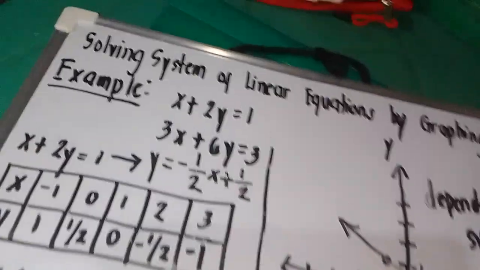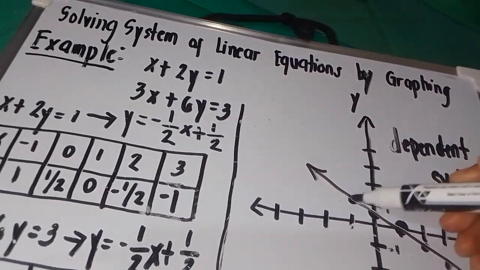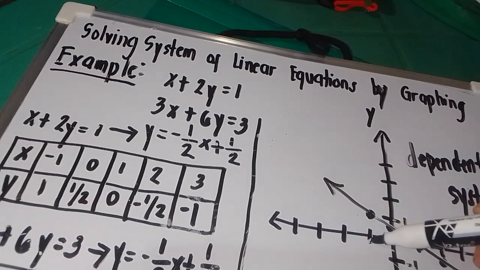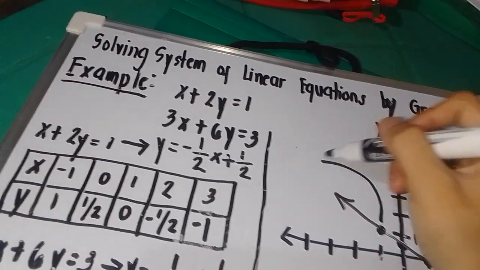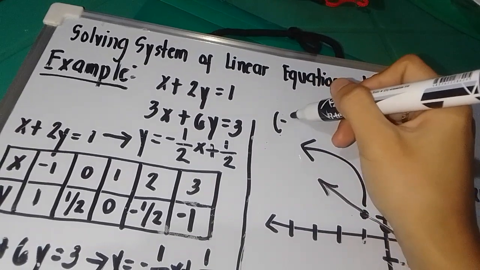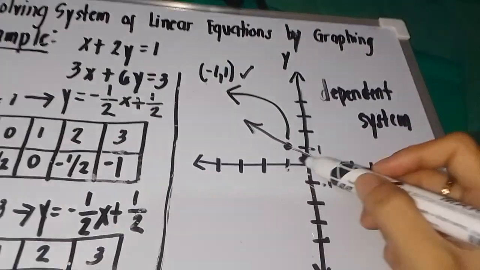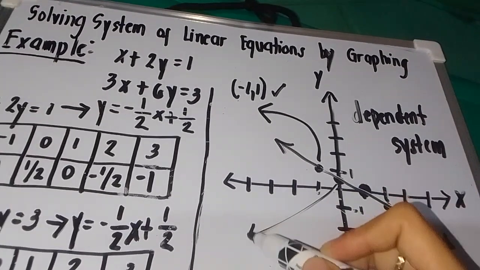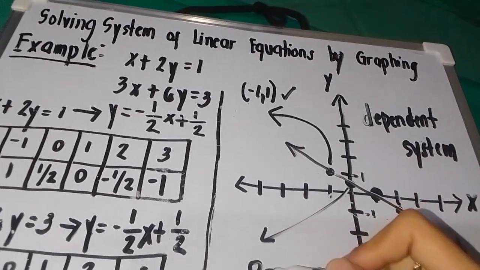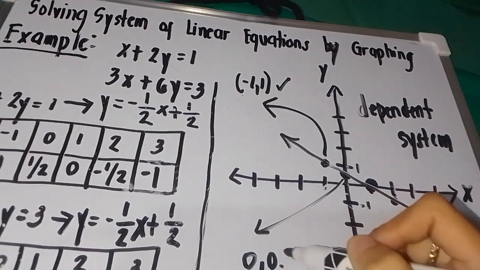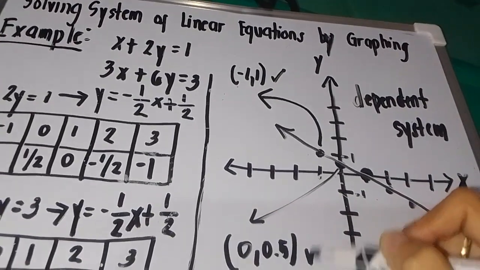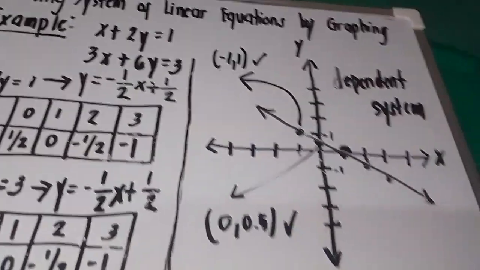Say, for example, we will take this point. Kini nga point na itong i-take, that is negative 1 and 1. Consider na siya solution. Correct kaya po na if kani mong pilion, 0, 0.5, correct niya po na siya. Solution niya po na.